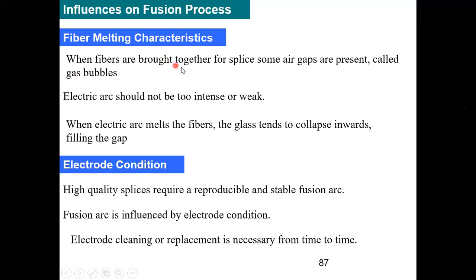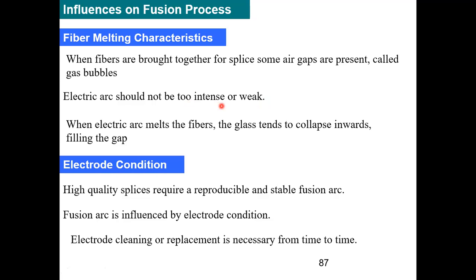Now, when fibers are brought together for splicing, some air gaps are present, which are called gas bubbles. We should try to avoid these gas bubbles, otherwise again it will cause loss. Then the electric arc, which is actually heating the fiber, should not be too intense or too weak. If it is too intense, the core, which is made of glass, will melt and flow down.